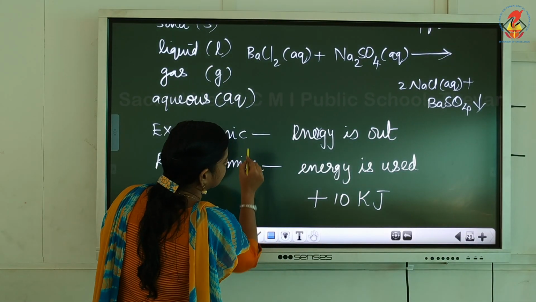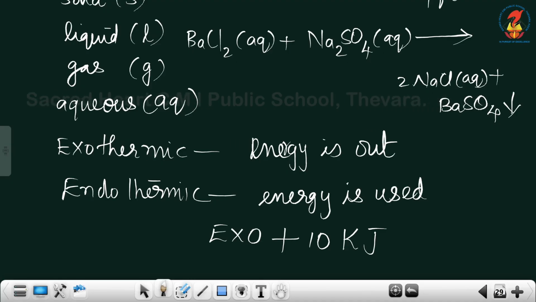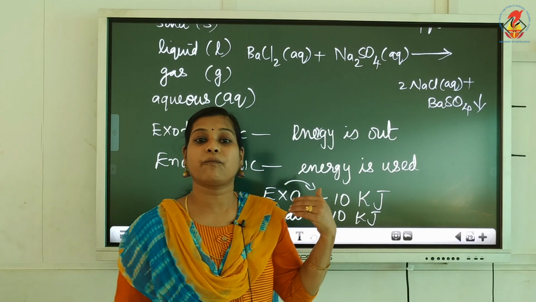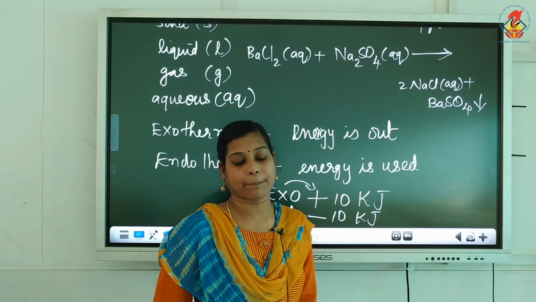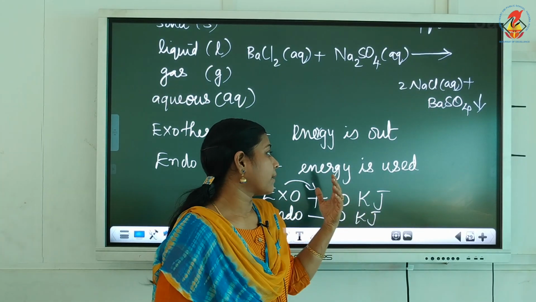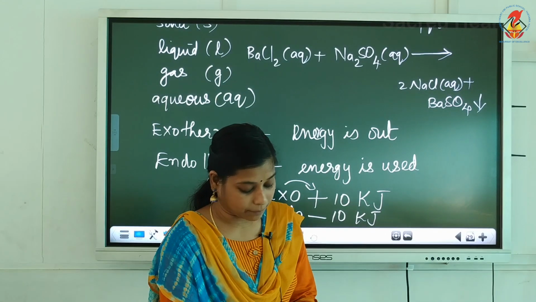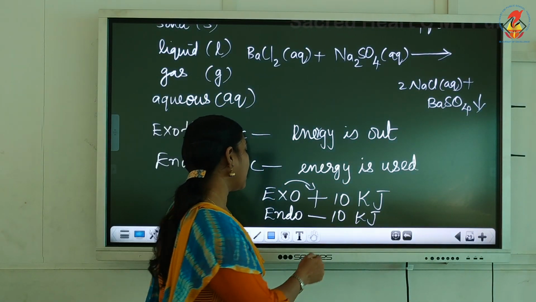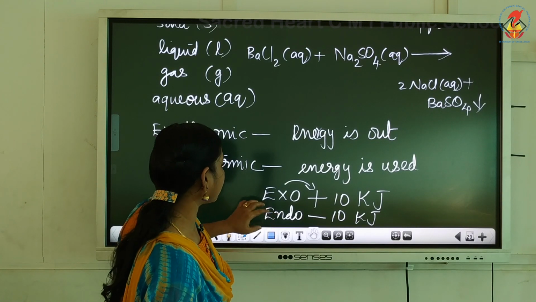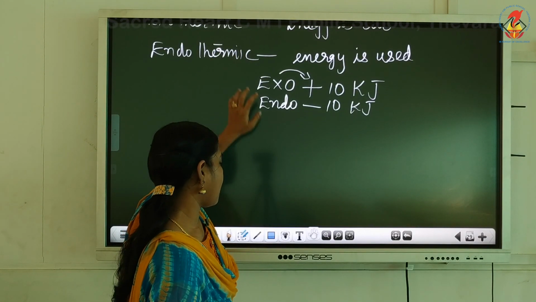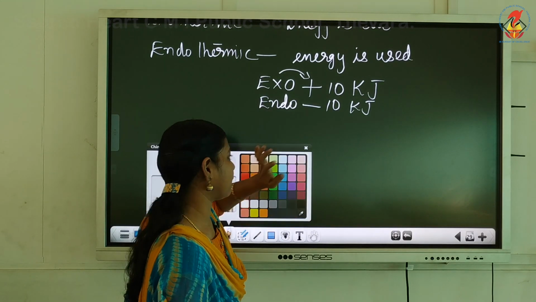The plus sign indicates that energy is given out, and if it is written as minus 10 kilojoules, that minus sign indicates that the reaction is endothermic, that means energy is taken in, used up. So by mentioning that also we can make the balanced chemical equation more informative.